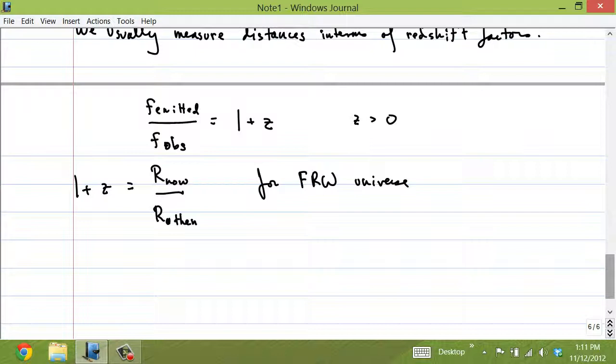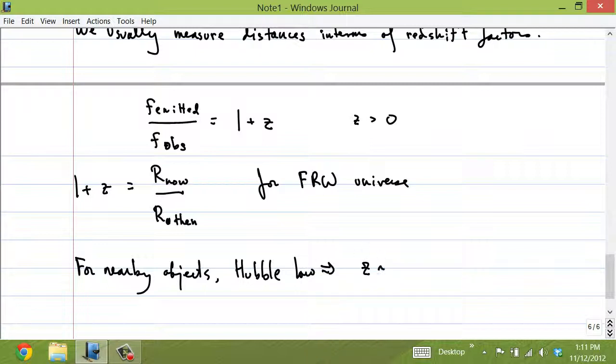And so Hubble's law, for example, for nearby objects, tells us that z is essentially or approximately the velocity as measured in units of the speed of light. Okay.